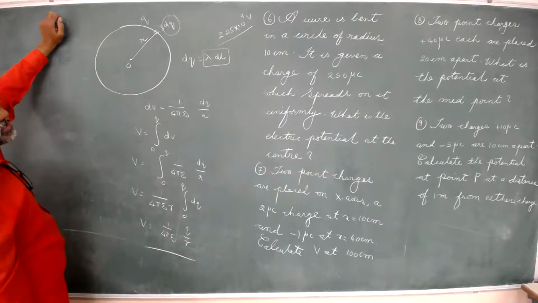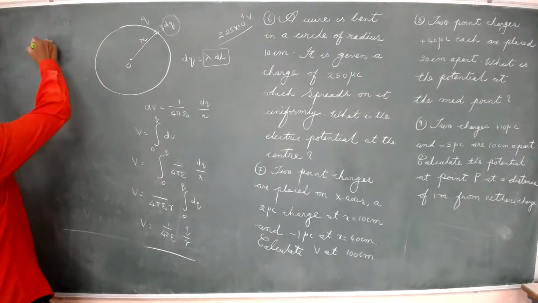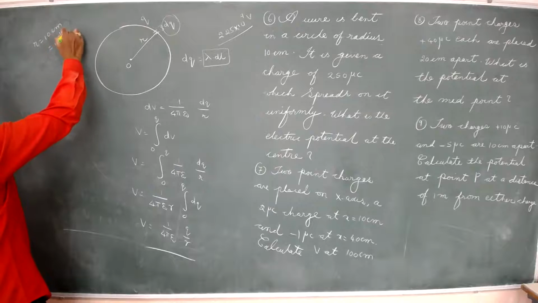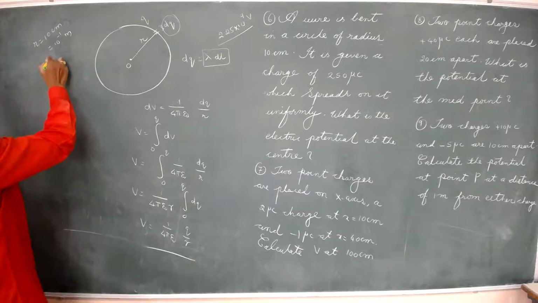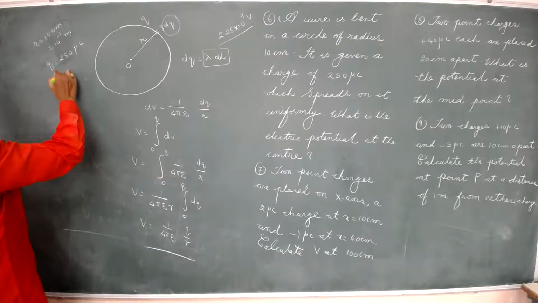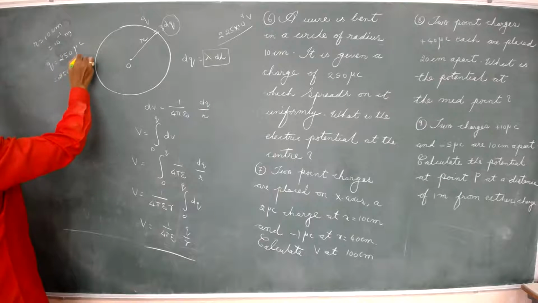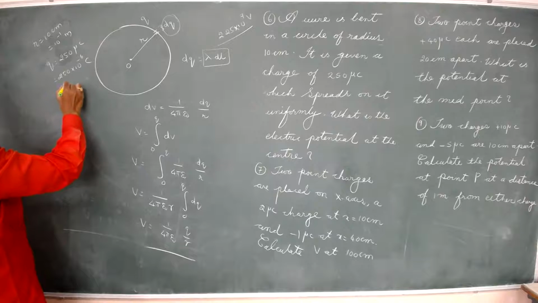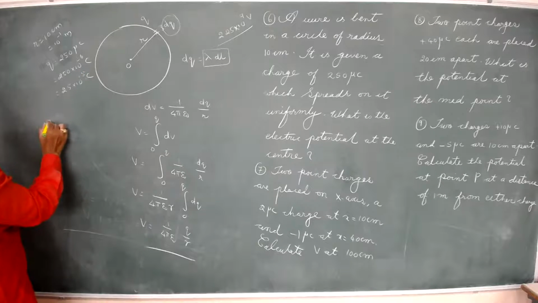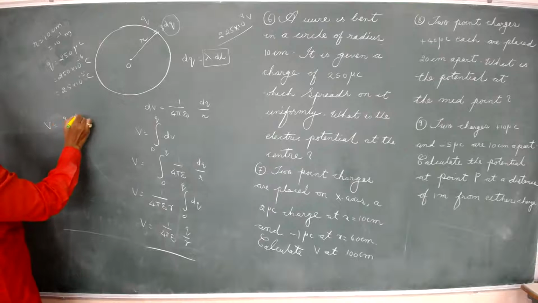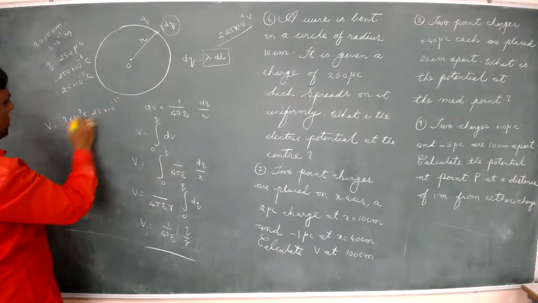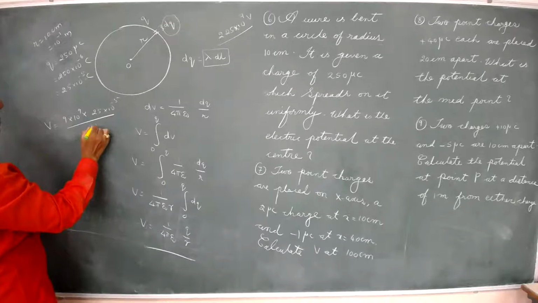And the radius has been given, 10 centimeter, which is nothing but 10 power minus 1 meter. And the charge given is 250 microcoulomb, so this is 250 into 10 power minus 6 coulomb, which is 25 into 10 power minus 5. Then the potential is equal to 9 into 10 power 9 into 25 into 10 power minus 5 divided by r, 10 power minus 1.